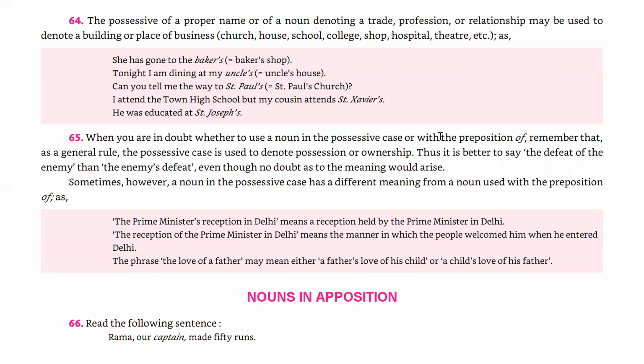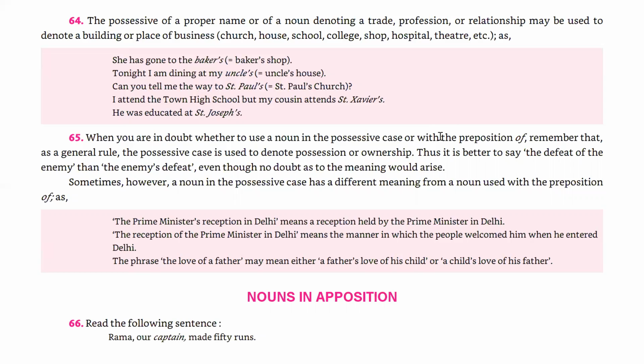The possessive of a proper name or of a noun denoting trade, profession, or relationship may be used to denote a building or place of a business. Jessy, she has gone to the baker's. Baker's means she has gone to the baker shop. Tonight I'm dining at my uncle's, which means tonight I'm going to take dinner at my uncle's house.